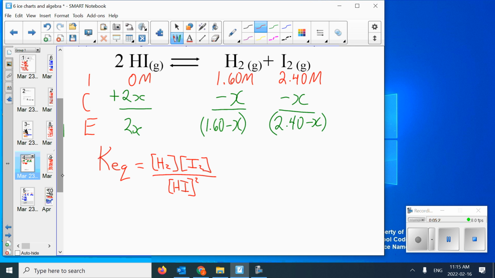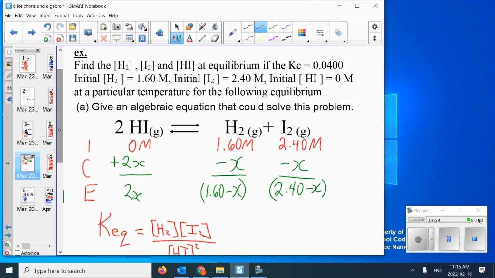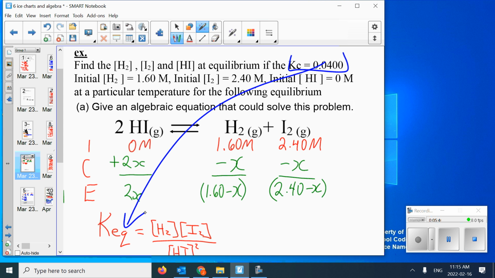I'm going to plug in our expression. I was given the K value of 0.04. I'm going to plug in this K value. And then, of course, I'm going to plug in these expressions.